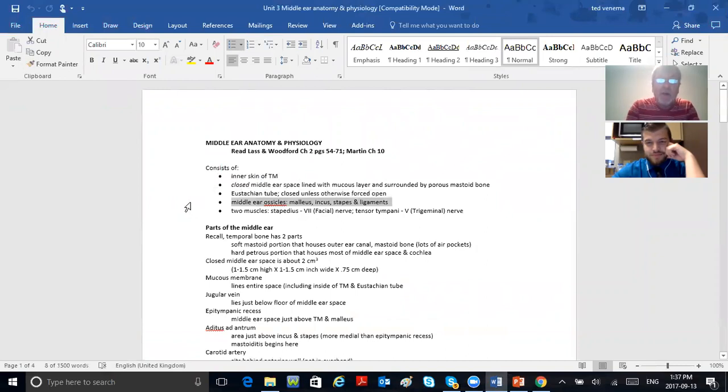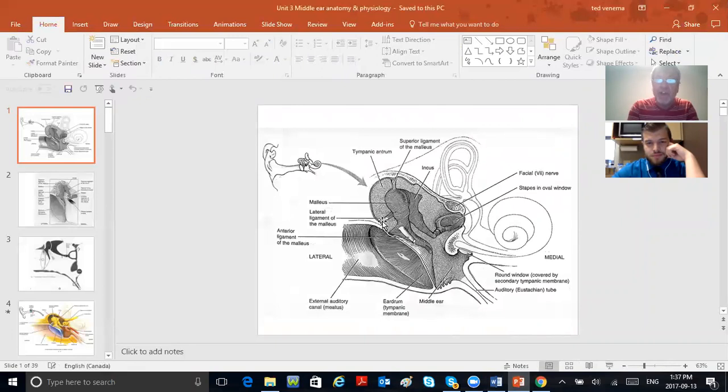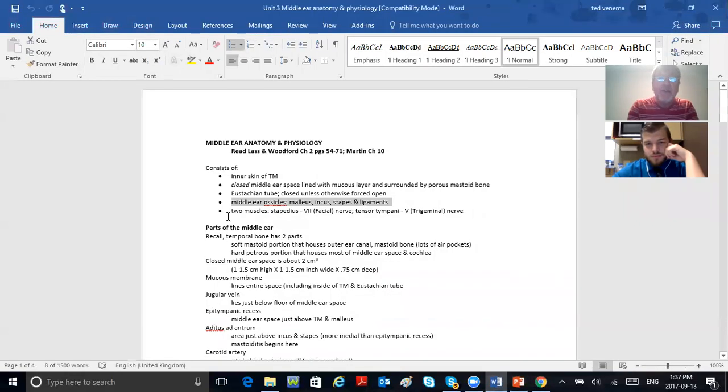Anyway, the middle ear ossicles: the malleus, incus, stapes, and ligaments. So look again, the ossicles, and here are the ligaments, holding the ossicles in place. And then you will talk about two middle ear muscles, and we'll look at those later. They are connected to the middle ear bones.